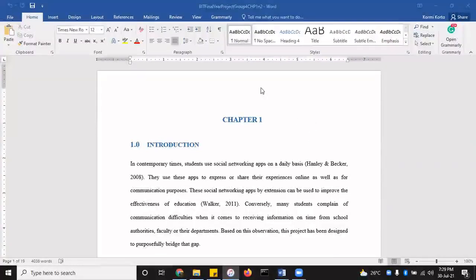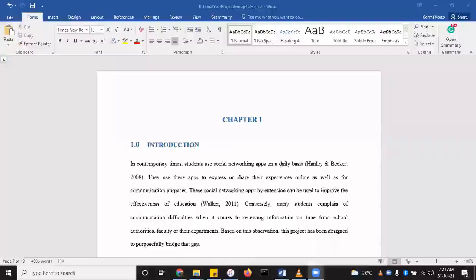I indicated on the platform to always try to include your title page. It's very, very important for me so that when I need to look up exactly what it is that you are trying to do, I can easily go up to a title page and look it up.